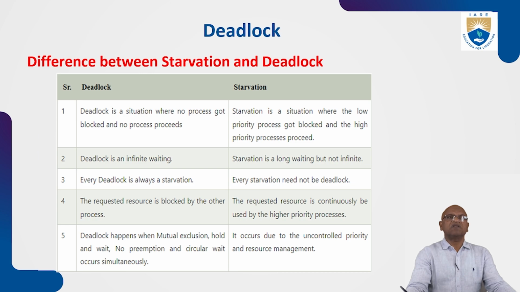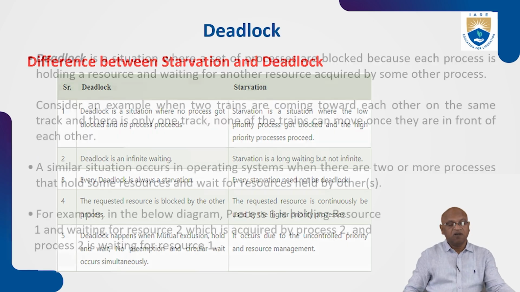Deadlock happens when mutual exclusion, hold and wait, no preemption, and circular wait occur simultaneously. Starvation occurs due to uncontrolled priority and resource management.